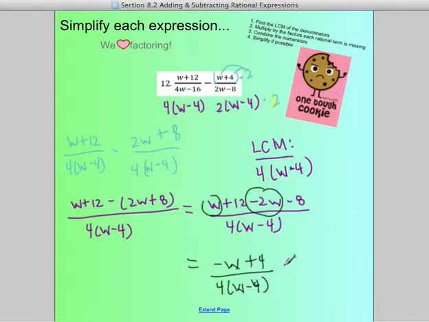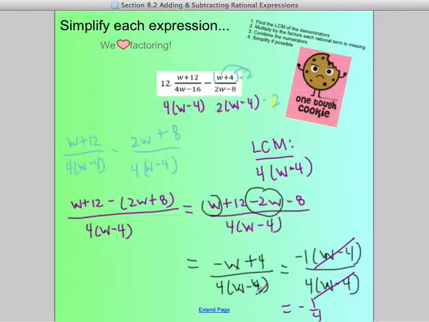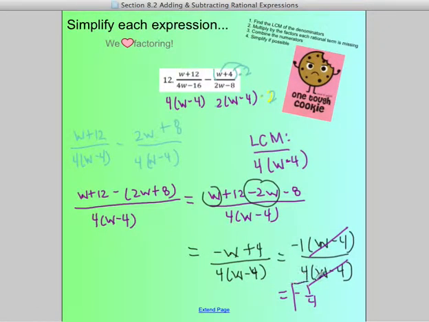And now I need to think, could I factor anything out to make this simplify? Well, if I take out a negative 1, I would have negative 1 times w minus 4 all over 4 times w minus 4. Then these would go ahead and cancel, and I would just be left with negative 1/4. So that would be my simplified answer for example 12.